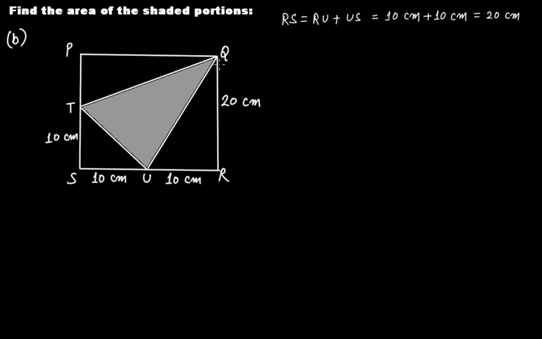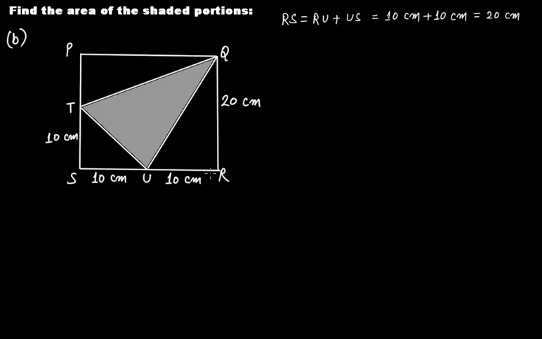Now clearly this is 20 centimeter, this is 20 centimeter, and all these are at right angle. If we look at the figure, these are at right angle. So if this is 20, then of course this also has to be 20, because all are at right angle, opposite sides are parallel to each other and equal to each other. That makes it a square.